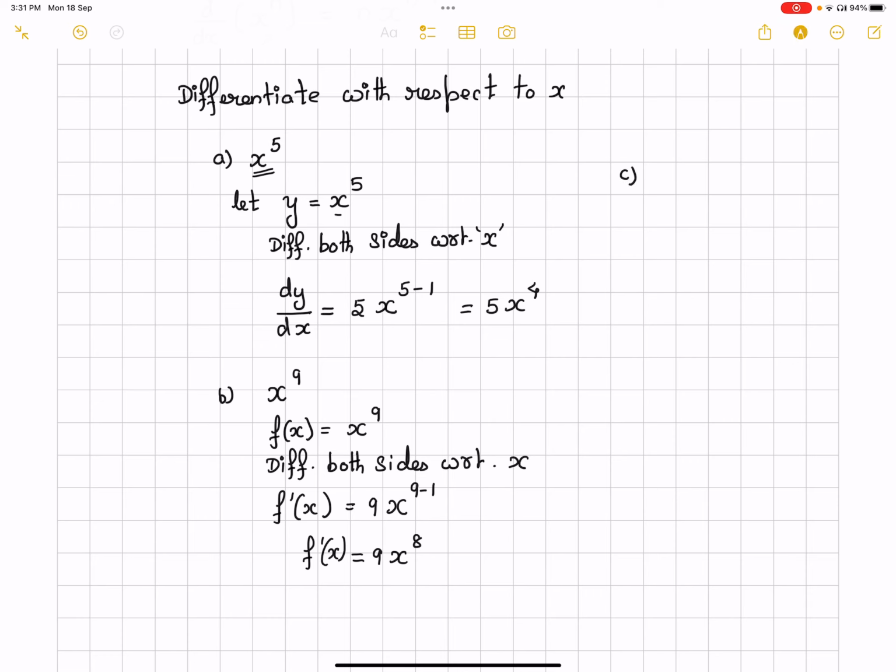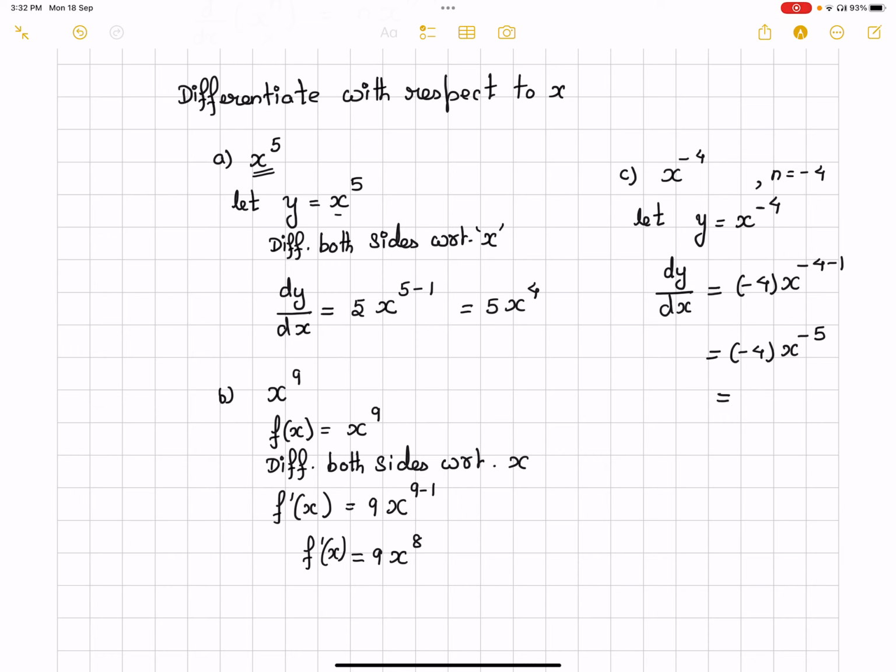Now let's do one more. We have x raised to the power of minus 4. So here n is equal to minus 4. Let y is equal to x raised to the power of minus 4. So we know what our n is now. When I differentiate both sides with respect to x, I would be getting dy by dx is equal to minus 4 into x raised to the power of minus 4 minus 1, which is equal to minus 4 into x raised to the power of minus 5.